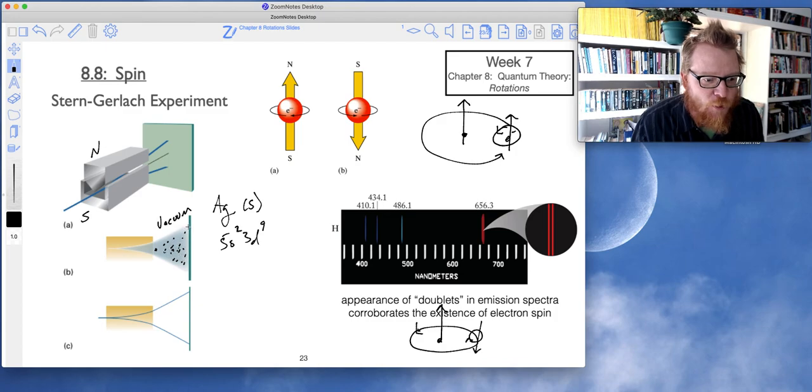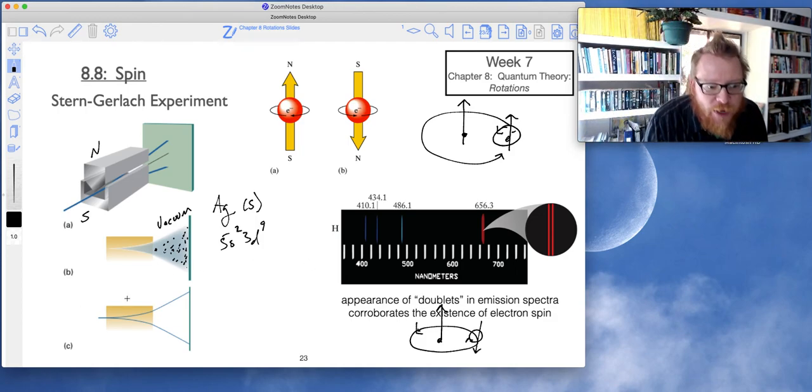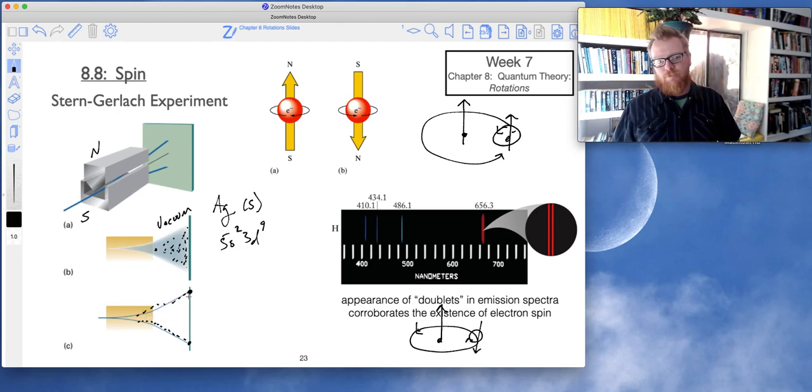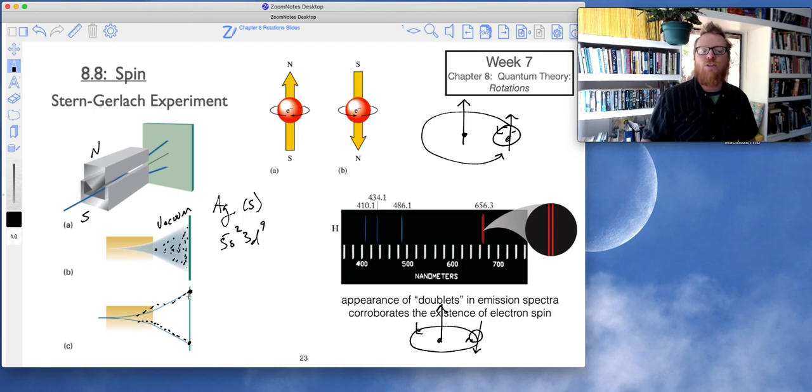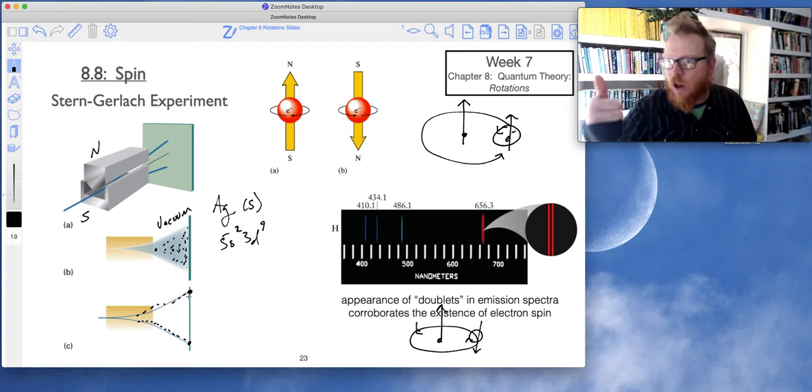You would see a spread of them hitting that phosphorus screen. But that is not what happened. When they separated those atoms in a magnetic field, they got atoms that would either hit the screen right there or atoms that would hit the screen right there. And those results are what led them to conclude that electrons themselves must also be spinning.